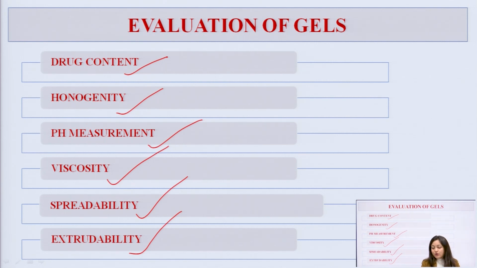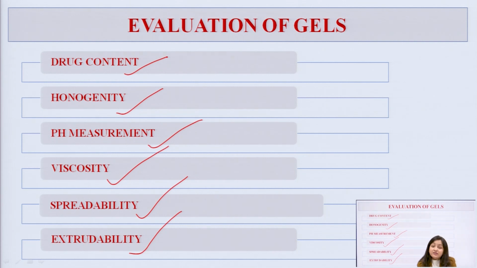Now, the next evaluation parameter is the spreadability. Spreadability is a test which helps us analyze up to which area, up to which extent, our formulation is going to spread.